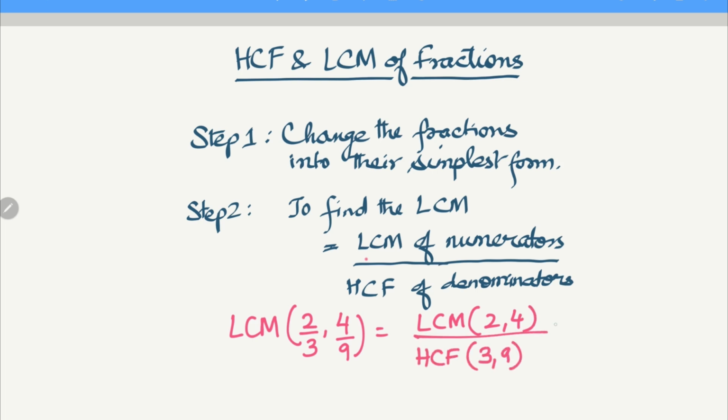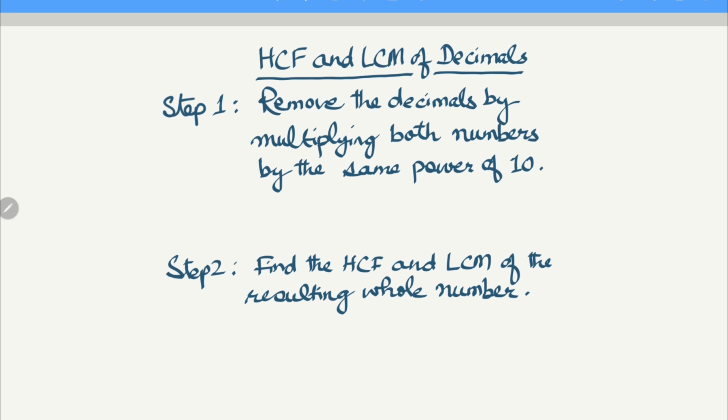So LCM of 2 and 4 would be 4, and HCF of 3 and 9 is 3. So you have 4 upon 3 as the LCM of these two fractions. Okay, right. So now let us look at the decimal numbers.